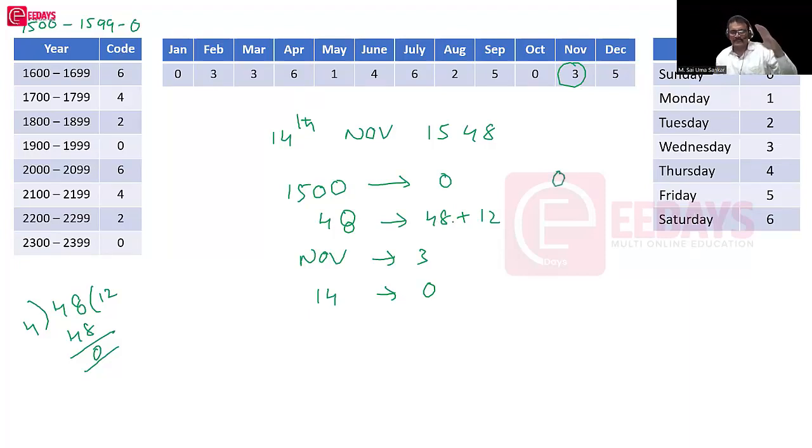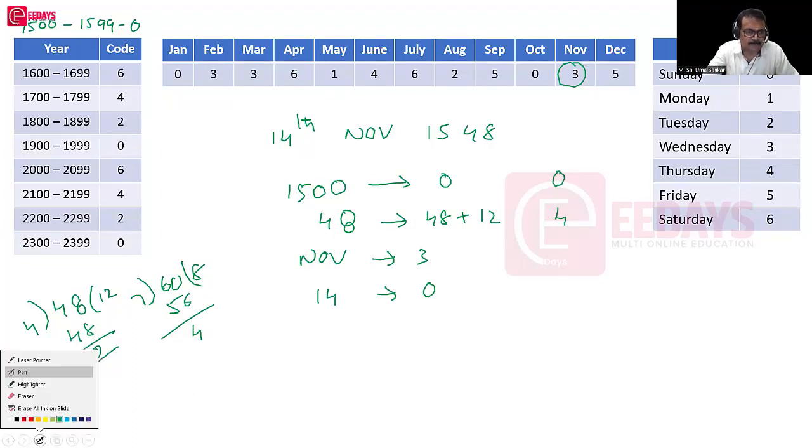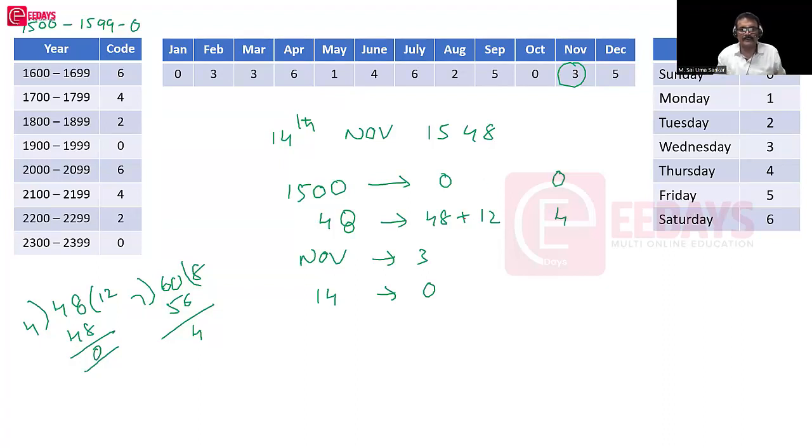Either add these two numbers and then divide that sum by 7. The remainder represents the number of odd days, right? So 48 plus 12 is 60. If you divide 60 by 7, 7 eights are 56, and the remainder is 4. Or the other way, as I already explained in the previous example: divide 48 by 7, the remainder is 6, and this remainder is 5.